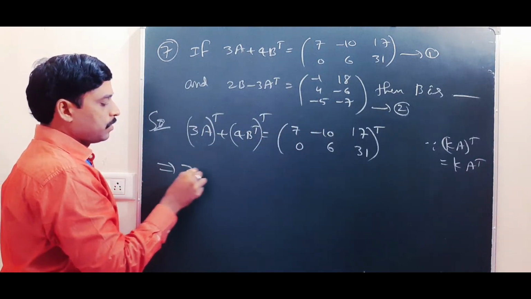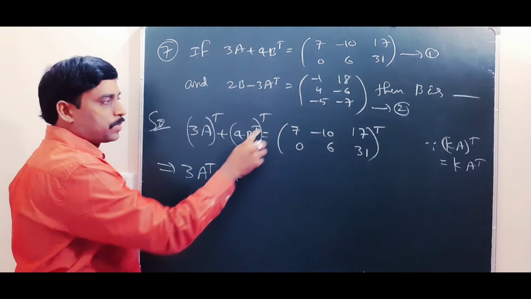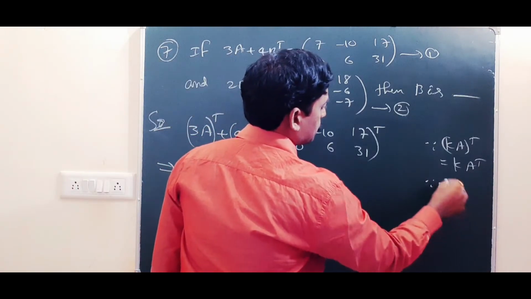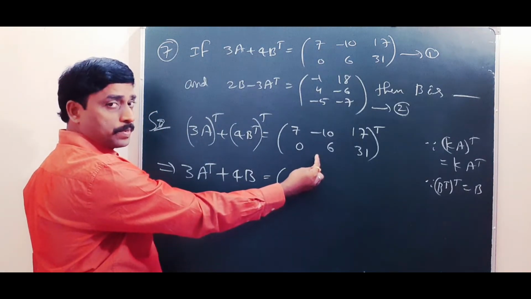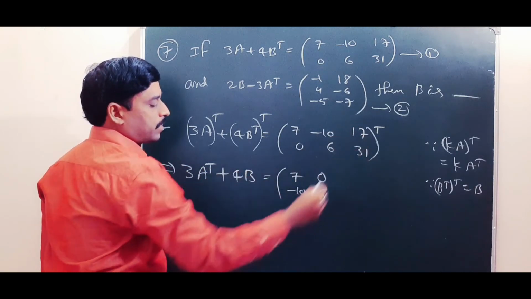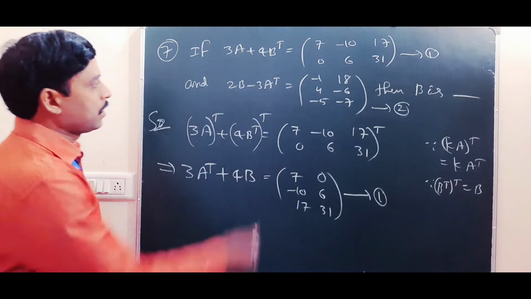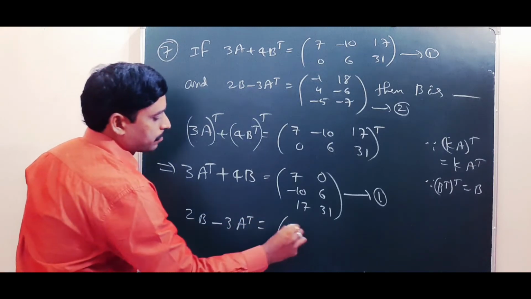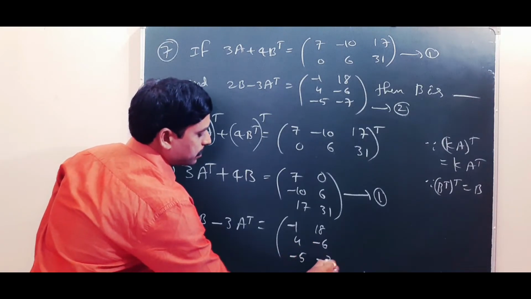So 3 into A transpose plus 4 times (B transpose) transpose, which is B, equals the transpose of this matrix: 7, 0, minus 10, 6, 17, 31. This is equation 1. Equation 2: (2B minus 3A) transpose equals minus 1, 18, 4, minus 6, minus 5, minus 7.